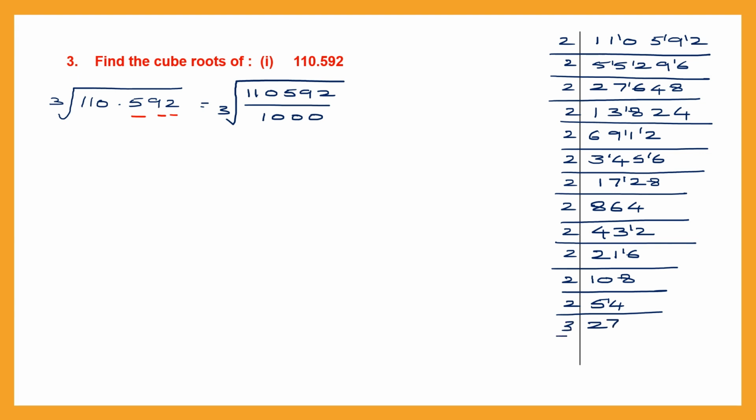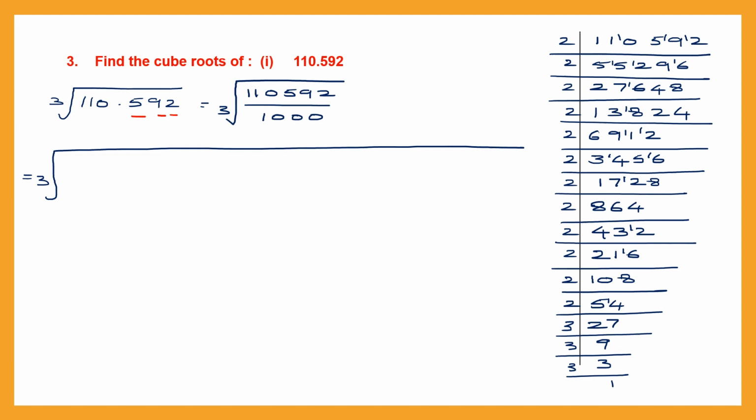Now we take 3. 3 9s are 27, 3 3s are 9 and 3 1s are 3. So now we have all these factors of 110,592. So what we're going to do is write it down here. So that will be all the factors. Let's count how many 2's. 1, 2, 3, 4, 5, 6, 7, 8, 9, 10, 11, 12, 2's are there.